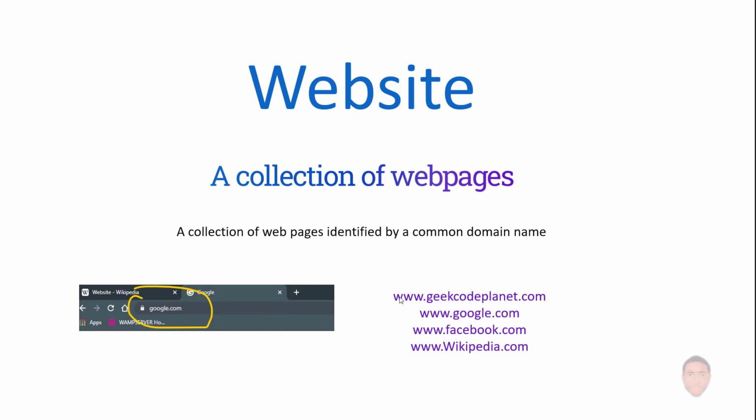Google.com is a domain name, and that takes you to the collection of web pages that Google has for you. You can do the same thing by typing another address like facebook.com, Wikipedia, or even geekcodeplanet.com. So that takes you to their website, and then you can browse through the web pages.